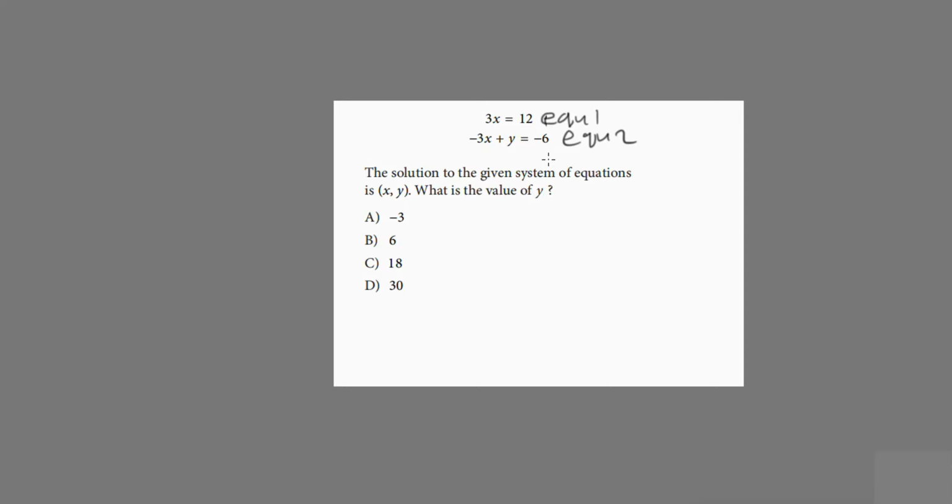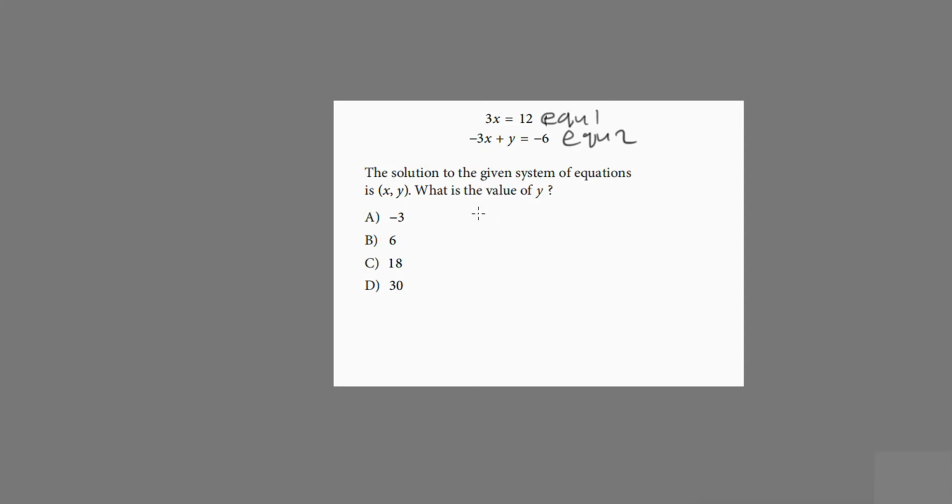For this one, substitution will work easier, so we'll experiment with it. We're asked to find the value of y. To get the value of y, let's get the value of x first. So to get the value of x, we make x the subject of the formula in equation 1.